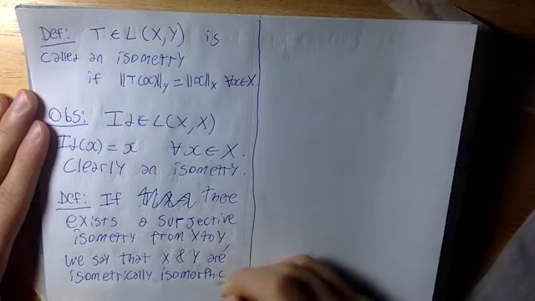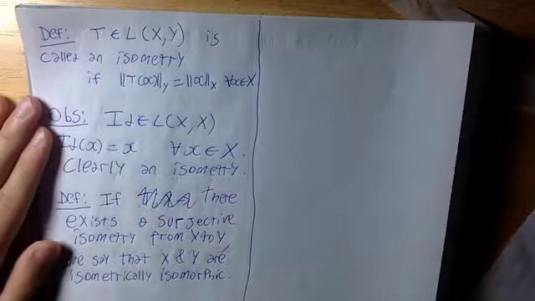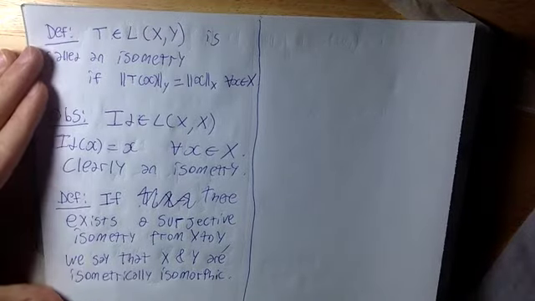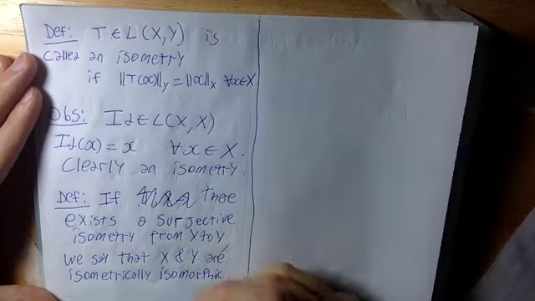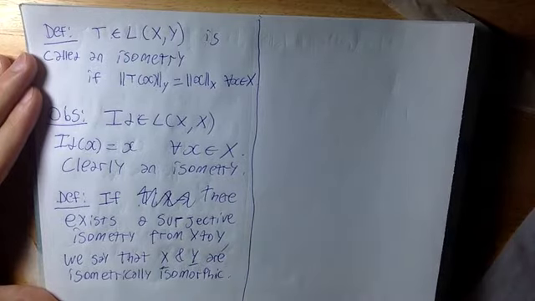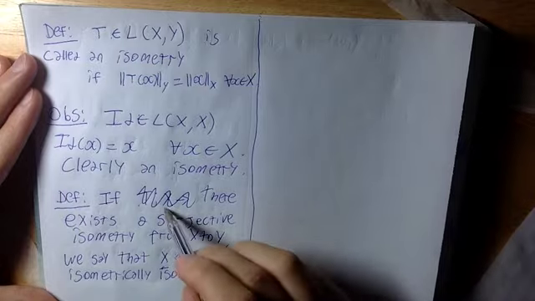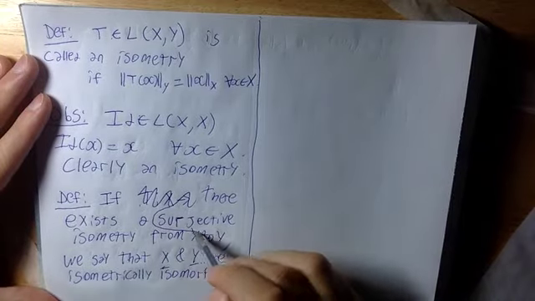This is pretty common in functional analysis. The idea is that once you are able to get an isometry from one space to another, then understanding the space X or understanding the space Y is the same. They also have the same exact properties. I should point out in this definition the word surjective.